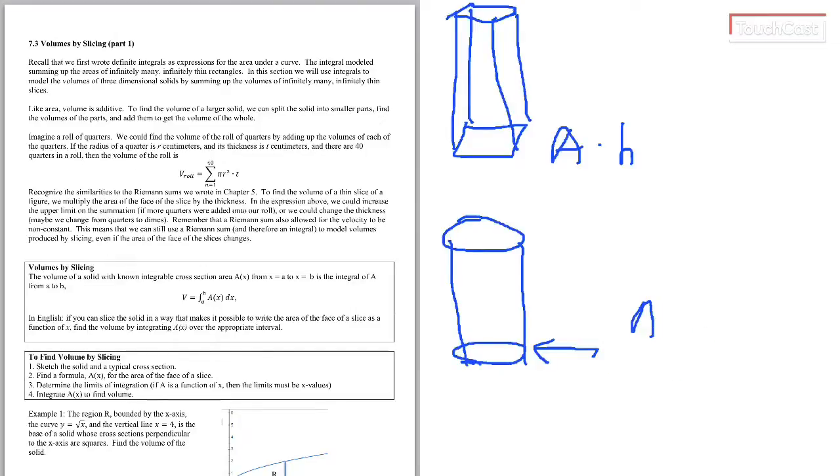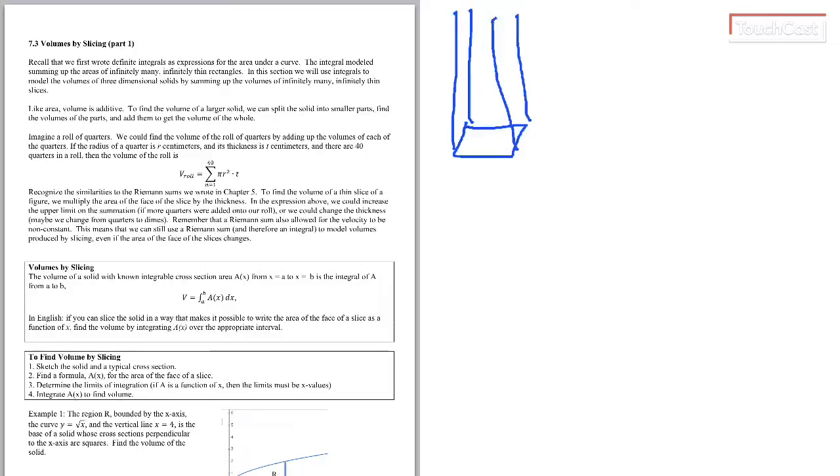So other things to notice, the Riemann sum that we wrote back in chapter 5, really we were looking for the area under the velocity curve. And it worked even if not every rectangle had exactly the same area, because the height of the rectangle kept changing because I had a velocity that was not a constant. Well, the same thing works here.